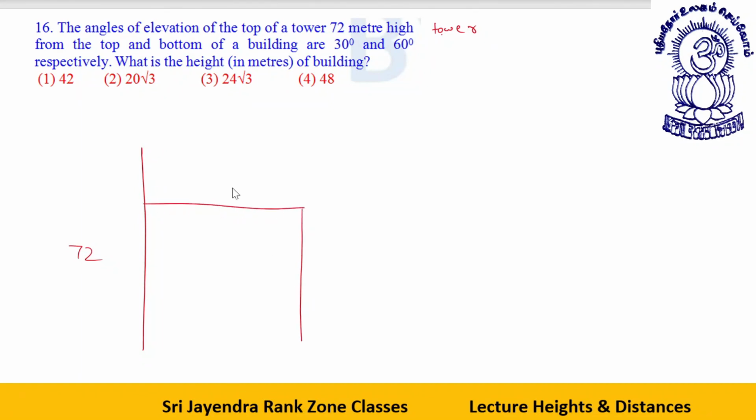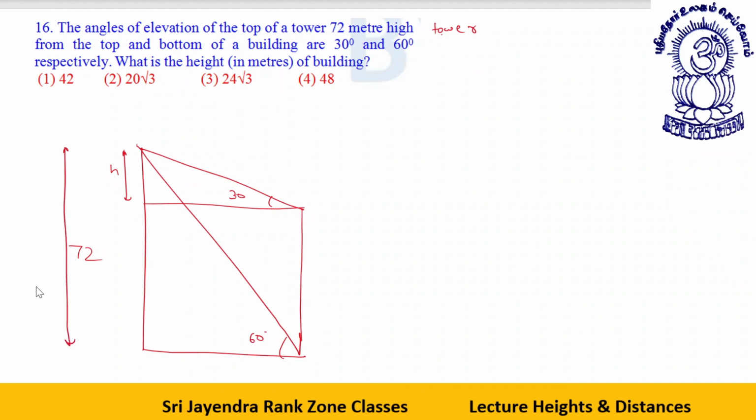This angle is 30 degree. This angle is 60 degree. If this portion is h, this portion will be 3h.